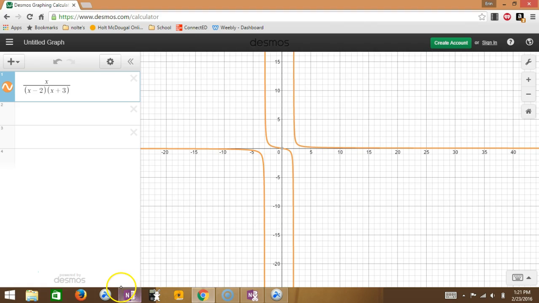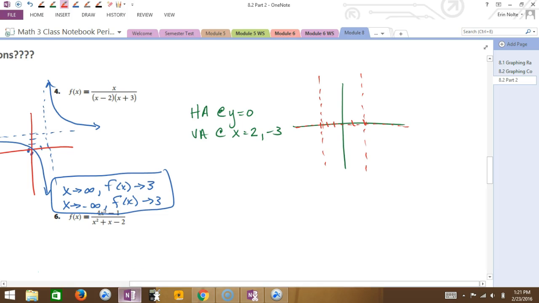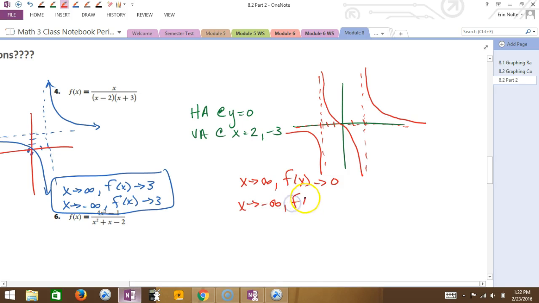Okay, so one thing I want you guys to notice on this particular function, let me draw it out. As x approaches infinity, f of x approaches 0. As x approaches negative infinity, our y approaches 0.